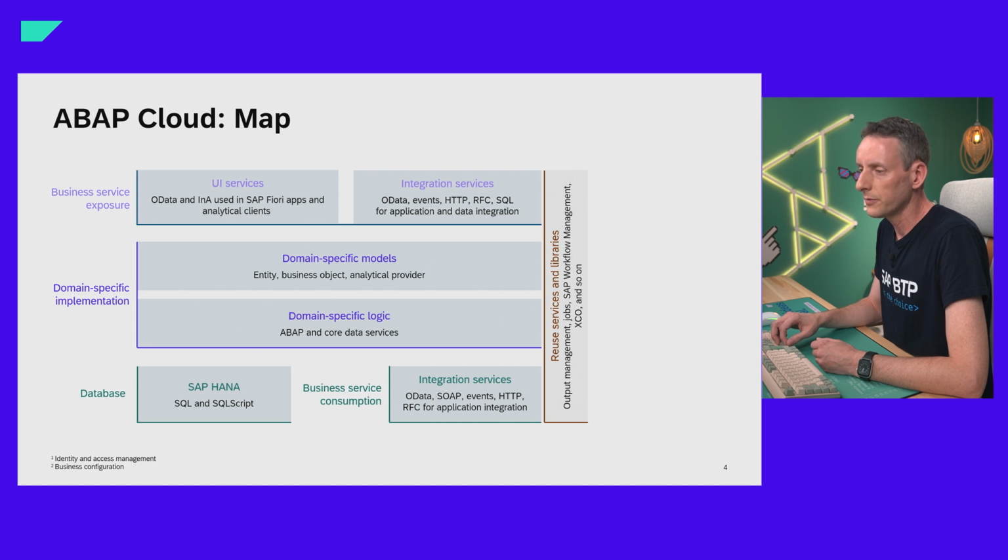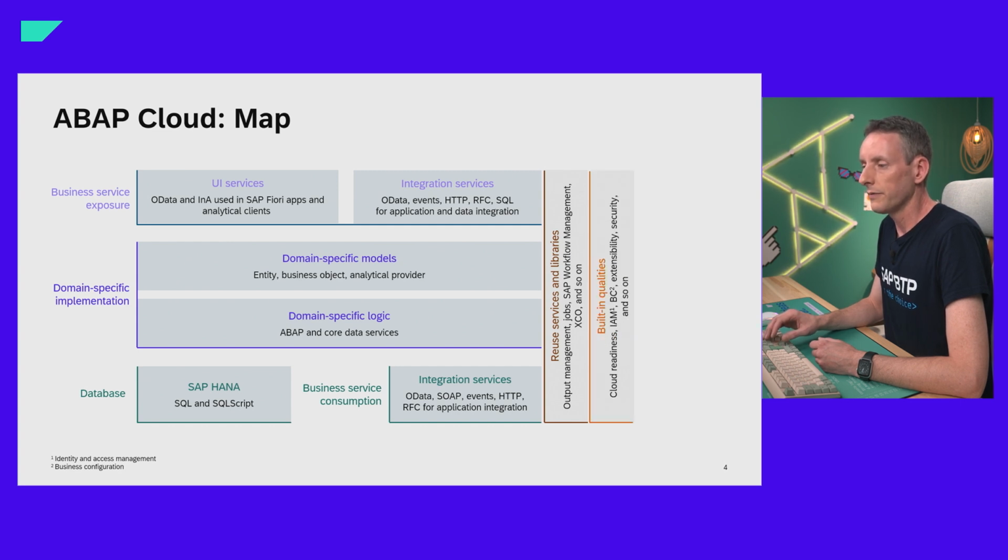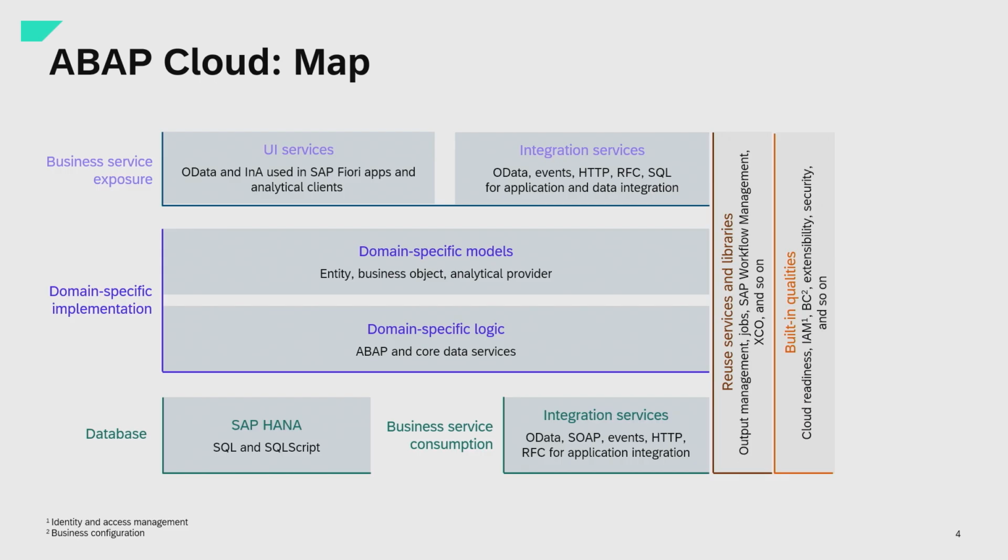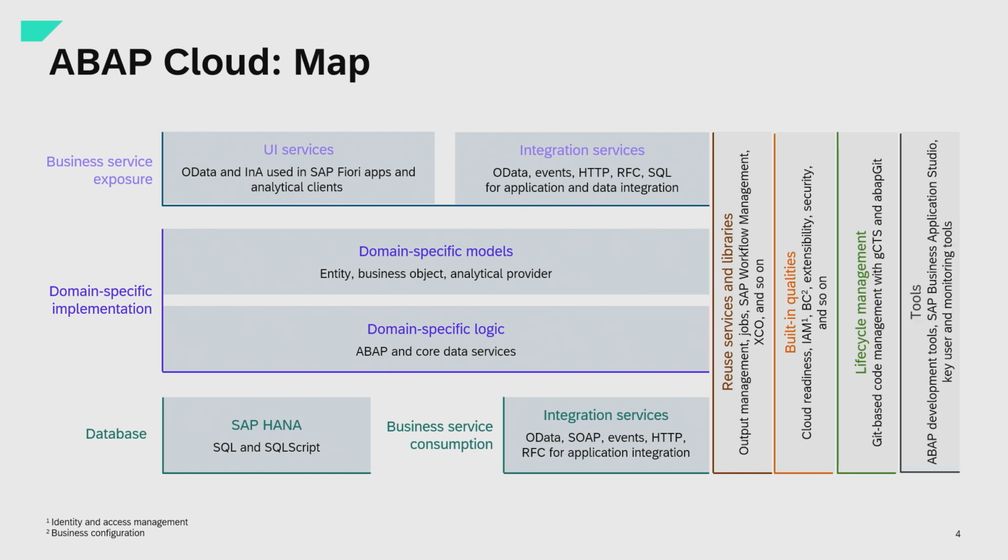Parallel to that, we have the reuse services and libraries. So, for instance, SAP Workflow, Job Management, Output Management, XCO, and so on. In addition, we have built-in qualities that come into play. So the cloud readiness is covered here. Extensibility is very important, security, and so on. We have lifecycle management ensured as well: Git-based management, gCTS, transport management, and ABAP Git.